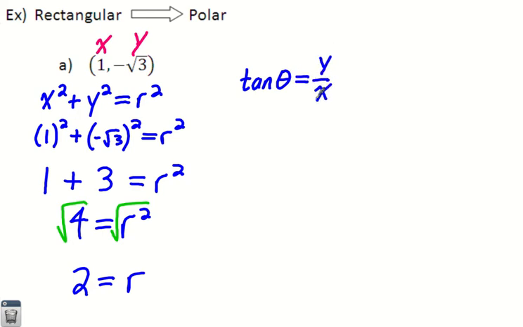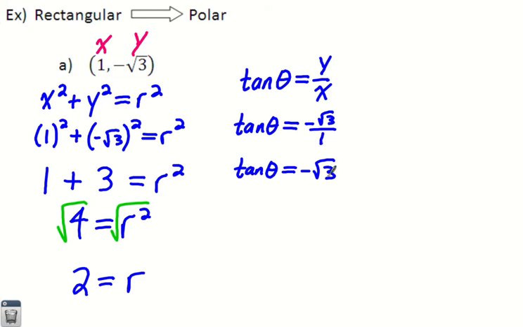Don't forget that the tangent is equal to y over x, not the other way around. So we end up with the tangent of theta equals negative root 3 over 1, which is really just negative root 3.